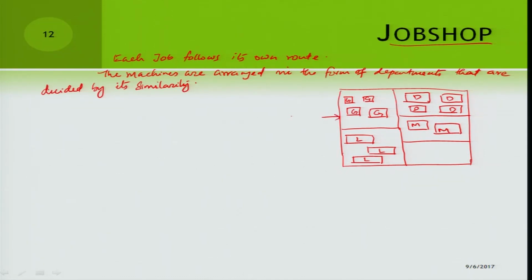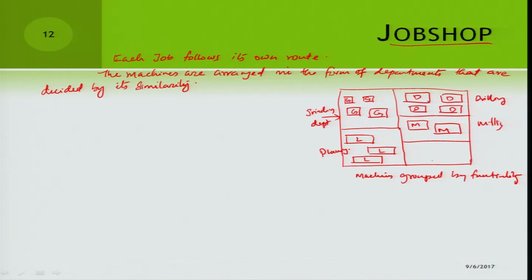So this will be your grinding department. This will be your drilling department. This will be your milling department. This will be your planing department or lathe department, whatever you want to call it. You can see that the machines are grouped by functionality.